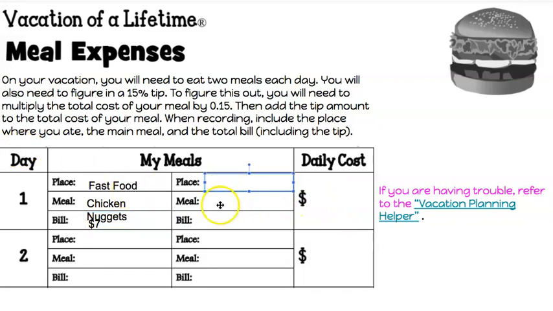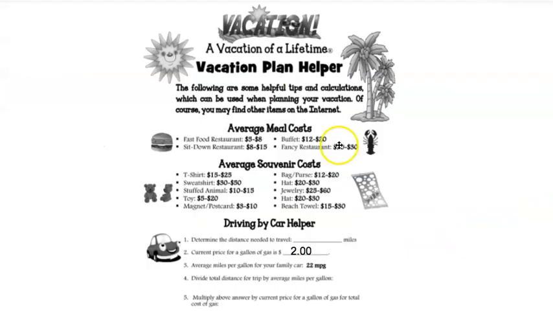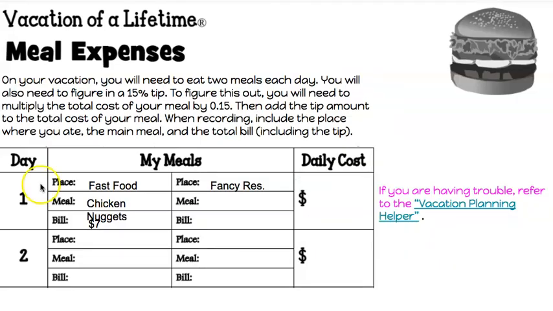For the place for my dinner, I am going to say it's a fancy restaurant. Okay? If I use my vacation planner, a fancy restaurant is $20 to $30. So I am going to have a steak and I am going to say it is $25. Now my daily cost, $7 and $25, I add them together, that's $32. But now I need to multiply that by 15% and get the tip.